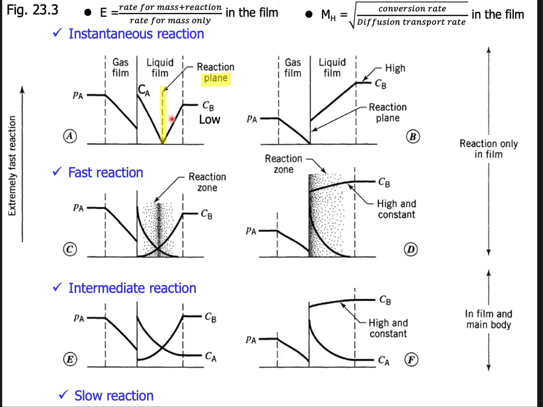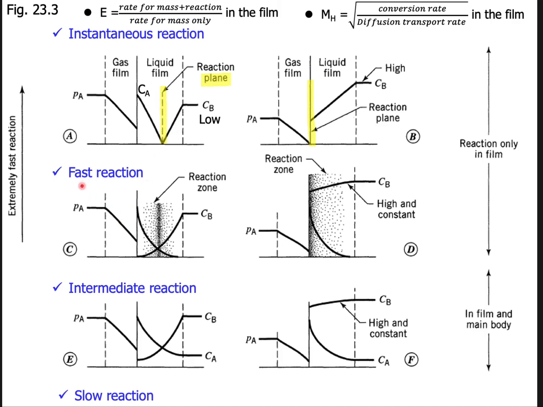And here is a low CB case. How about if we increase the concentration of CB to high CB? Then you are going to push this reaction plane to where? To here, the interface between gas and liquid. We also have a reaction plane. So in instantaneous reaction, the chemical reaction is a plane and only happens in the liquid film.